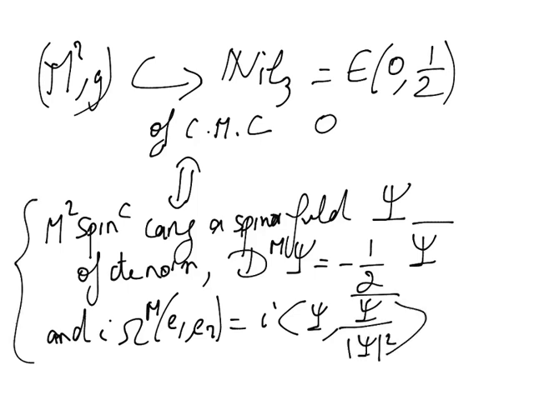I call this one system 2. To get the Lawson correspondence between minimal surfaces in the Heisenberg group and surfaces in H2 times R of constant mean curvature half, we have to prove that systems 1 and 2 are equivalent. How do we prove that?